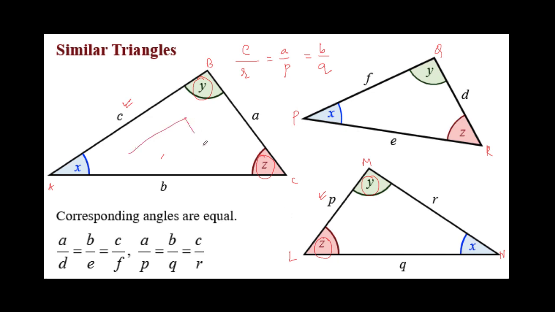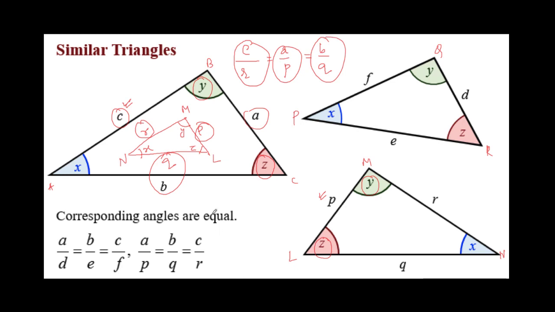So if I draw this triangle the other way around, a rough sketch, angle Y here, angle X here, and angle Z here. The angle X vertex is N, the angle Y vertex is M, and the angle Z vertex is L. Then M and L is P, M and N is R, and N and L is Q. Now you can directly relate that C corresponds to R, A corresponds to P, and B corresponds to Q, as we have already seen. So we have to first check the orientation when we are checking for corresponding sides and angles.